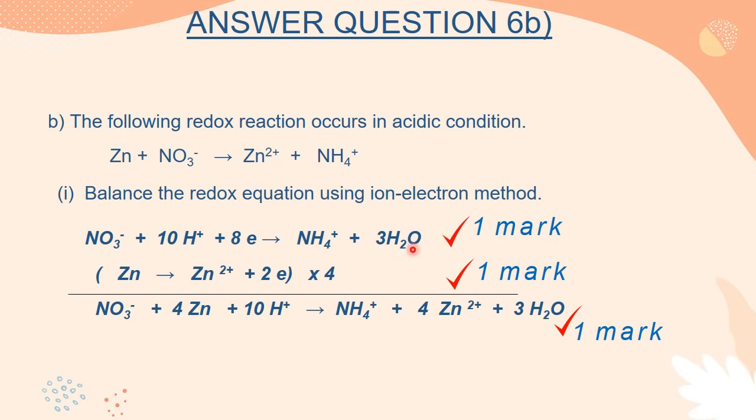So that's why you must add 3 mol of water. Because we have 3 oxygens here, here we need 3 mol of water. Okay, after that we calculate the number of hydrogen. So looking at the right side, we have 4 plus 6, 10. So we need to add 10H+ on the left side. Okay, so the atoms are balanced.